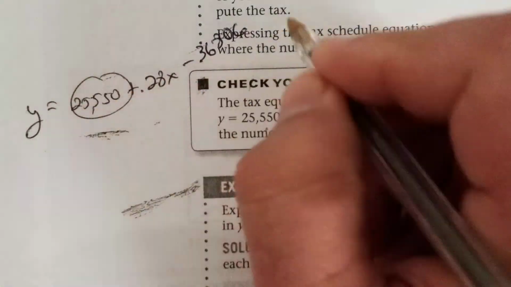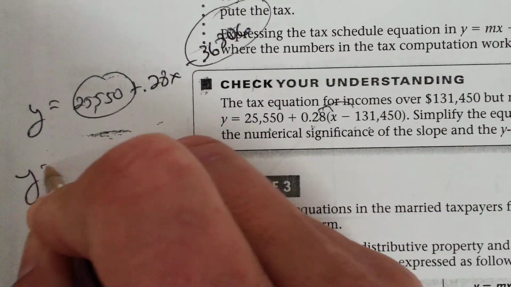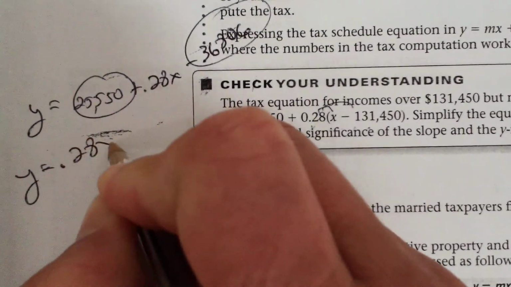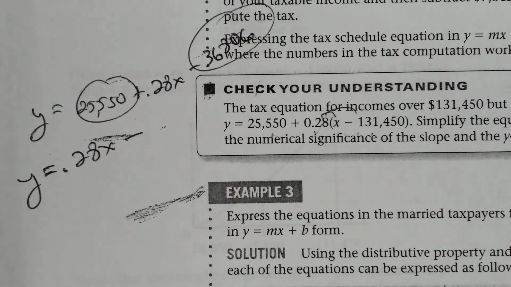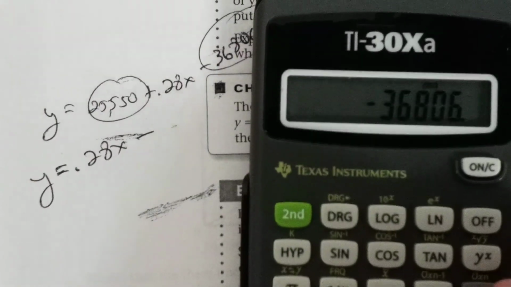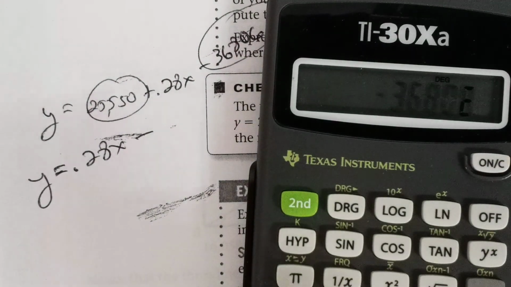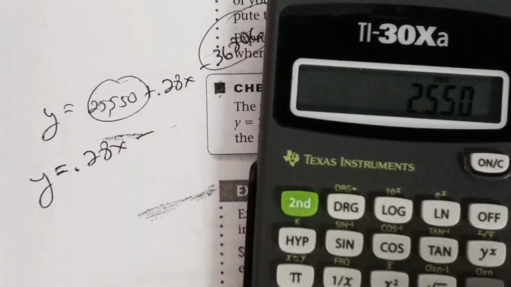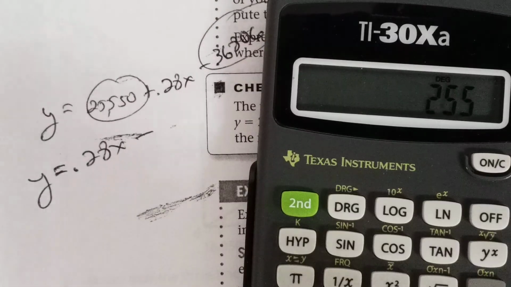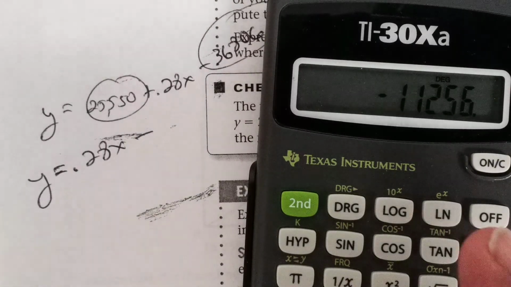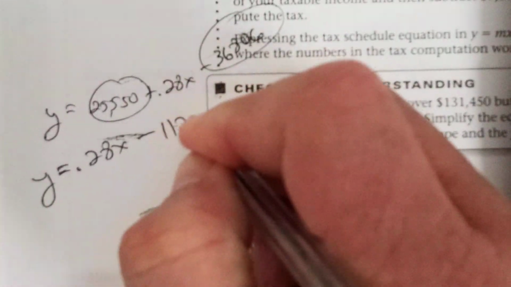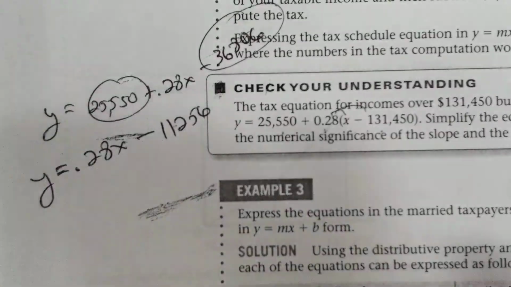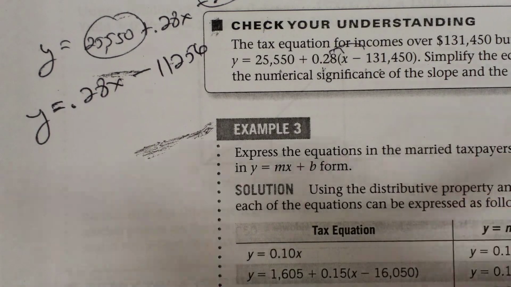Okay, I can put these two numbers together, and I got 0.28x minus, I'll take that negative 36,806 plus 25,550. I get minus 11,256. Okay, so here's the equation in slope-intercept form.